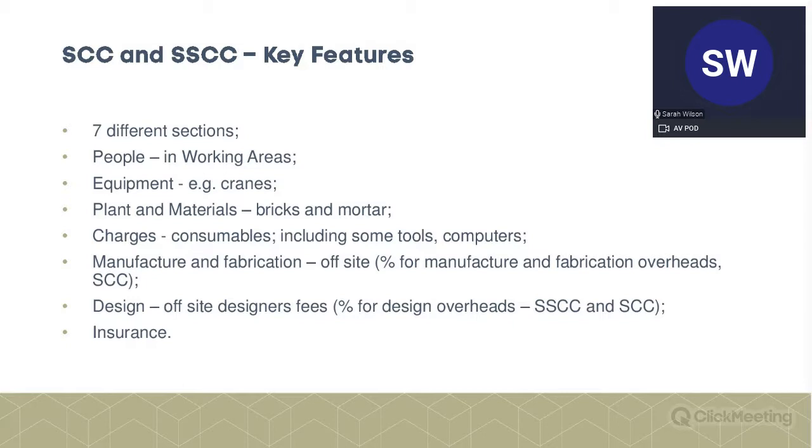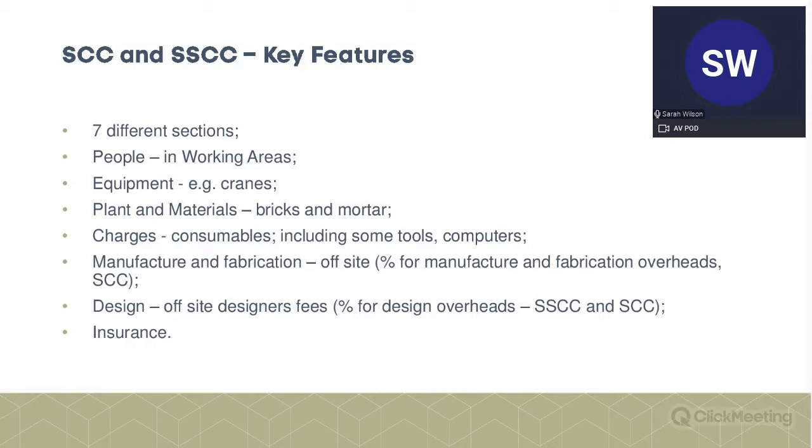Next one, a bit of a funny one, it's charges. It's a sort of miscellaneous bag of things. So it's consumables: the cost of electricity, water, as it says there, some tools, things like computers, the equipment that goes in your site cabins.